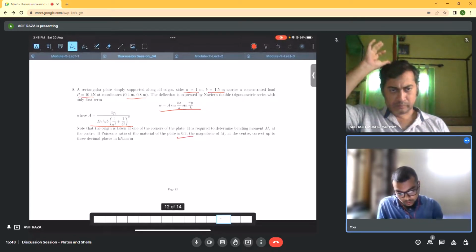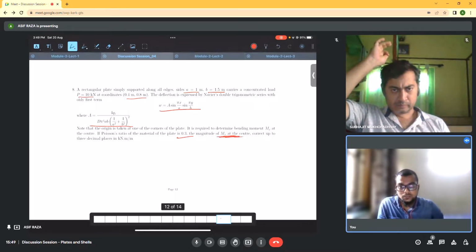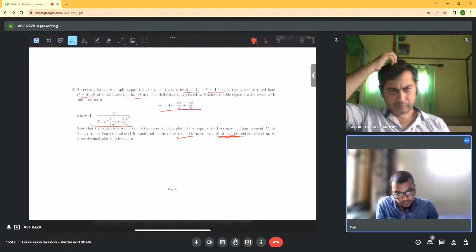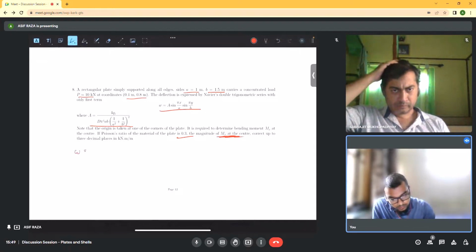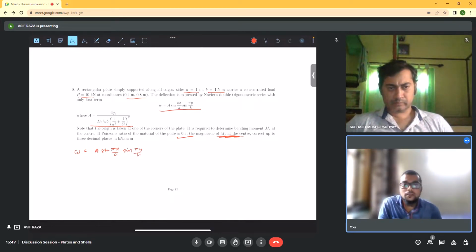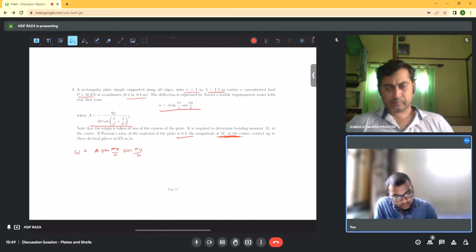So what do we need to find? We need to find the magnitude of mx at the center. So for this, what do we have? We are given w as A sin(pi x by a) sin(pi y by b), and a concentrated load P equals 10 kilonewton.